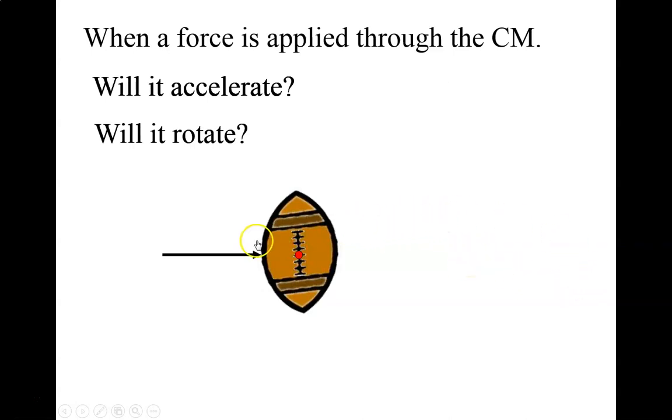If I kick this football with a force that's applied like this, so my foot's over here, and I'm kicking this football directly through the center of mass, center of gravity, will it accelerate? The answer is yes, it'll accelerate because there's a net force. There's a net force because I'm kicking it. If I kick the football, of course it's going to accelerate.